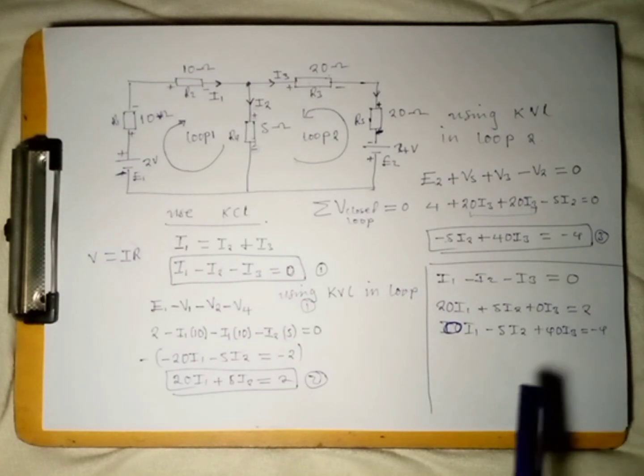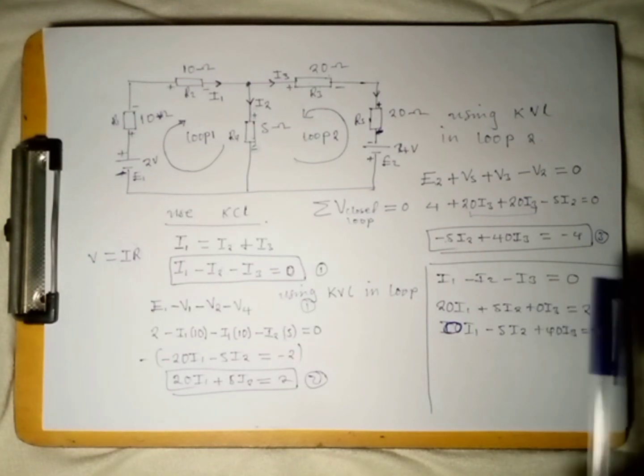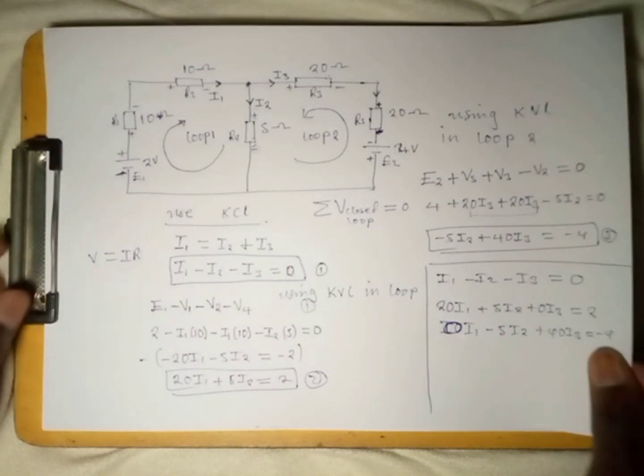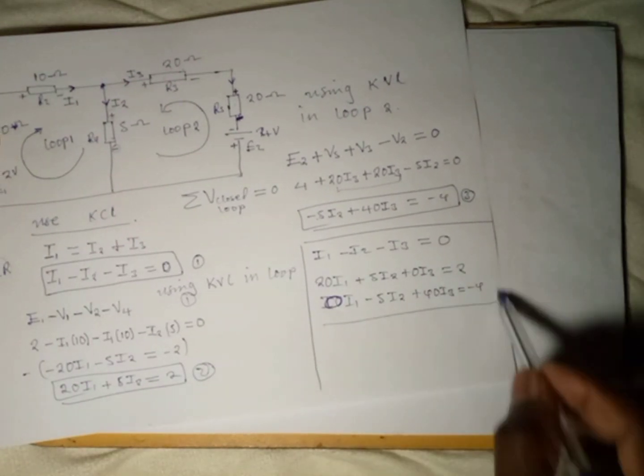So when coming up with a matrix, how do you come up with a matrix in this way? So based on this, my matrix is going to be like this. I'm going to write it like this.